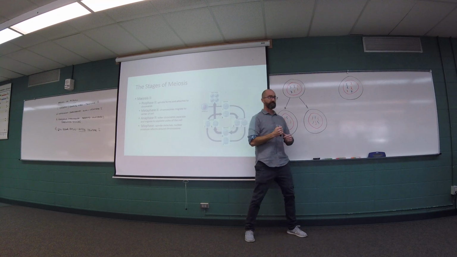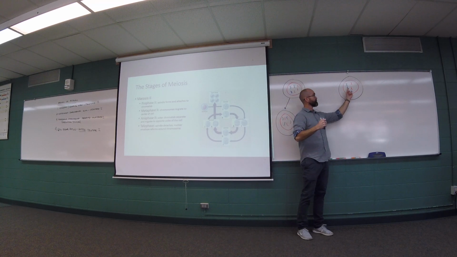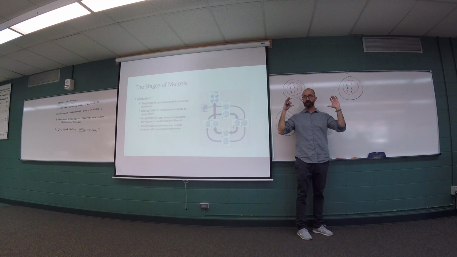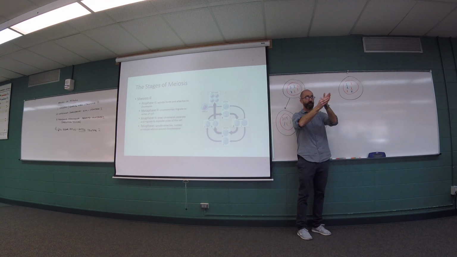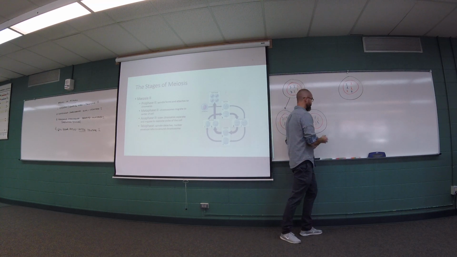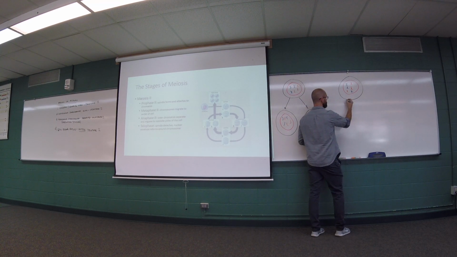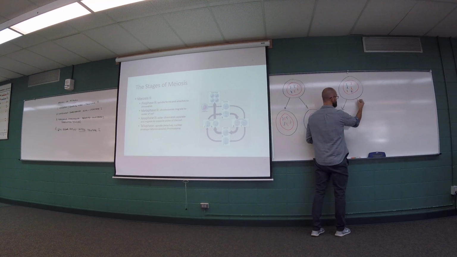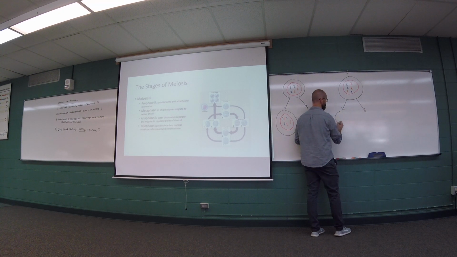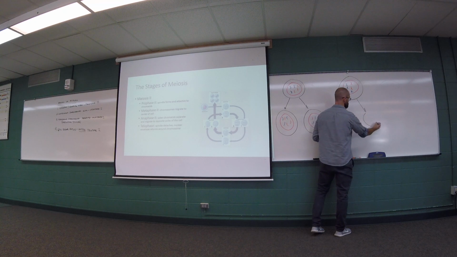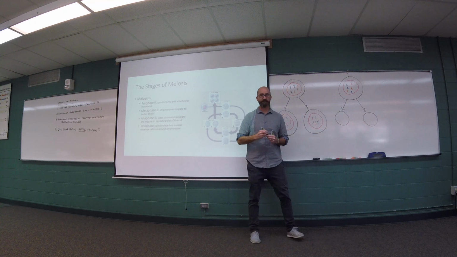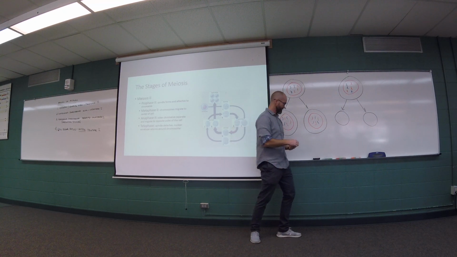So if these are homologous pairs, during prophase 1, those things start to align, right? In metaphase 1, these homologous pairs are all lined up exactly like that at the center of the cell. So after meiosis 1, we're going to have 2 daughter cells. And the question is, what do those nuclei look like, right?